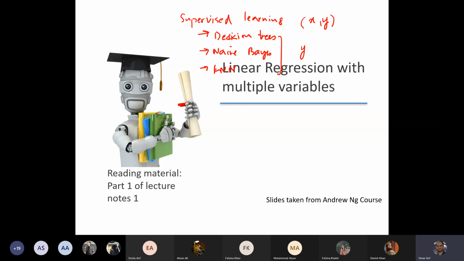For example, in decision tree, we looked at the case where we wanted to classify the data into different classes. For example, positive class, negative class, things like that. Similarly, naive Bayes and KNN also, we had a discrete set of labels, either binary labels or multiple labels. And so whenever we have discrete labels, we call that problem classification.